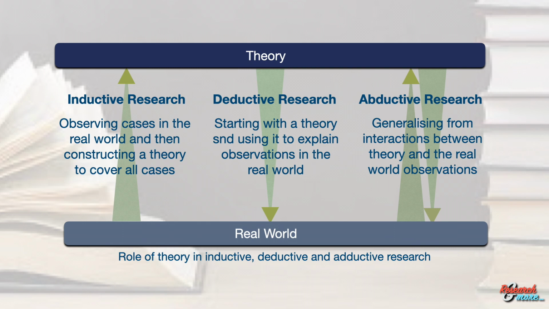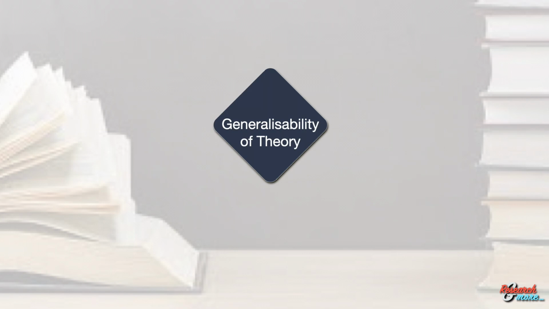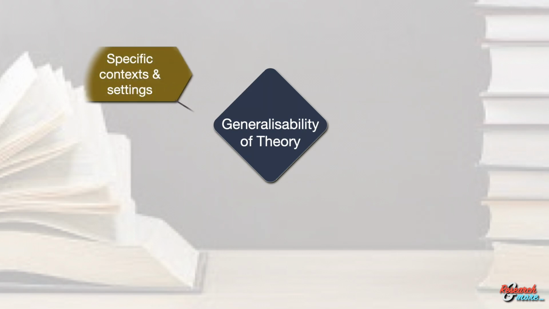Making an original contribution to knowledge very often incorporates a theoretical contribution. A theory should apply in a range of specified contexts and settings. That is, the theory should be generalizable. For example, a particular theory of firm investment may apply in developed nations, but it might not apply in developing nations.